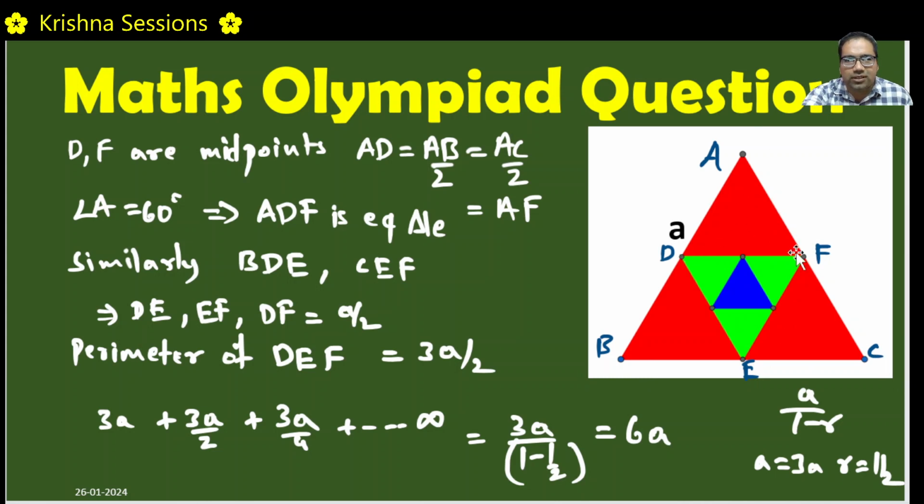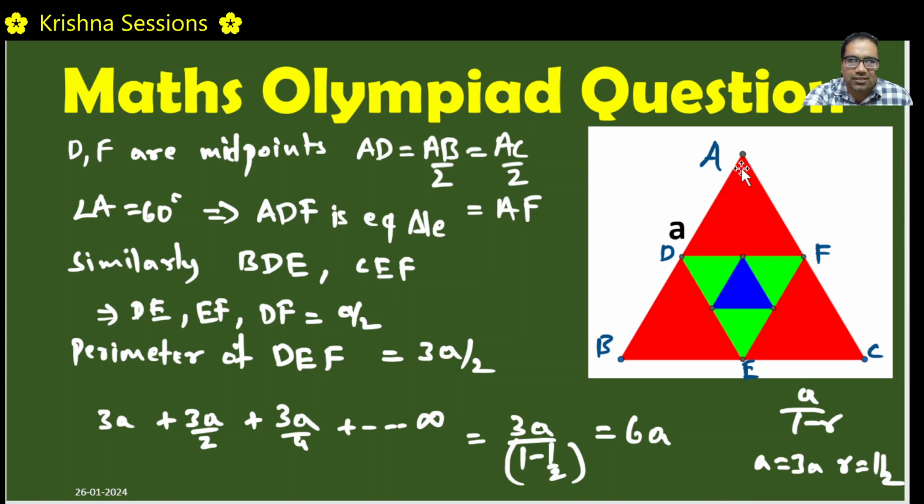Because this is an equilateral triangle, all sides are equal, AB is equal to AC. And because D is the midpoint and F is the midpoint, AD, which is half of AB, is equal to AF, which is half of AC. So basically, AD is equal to AF.